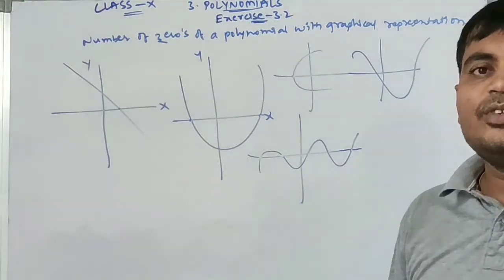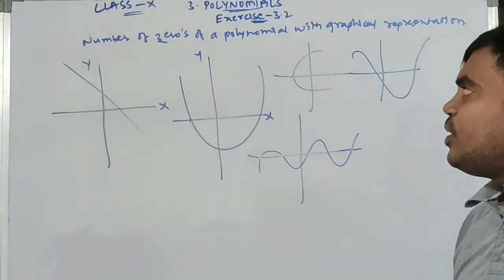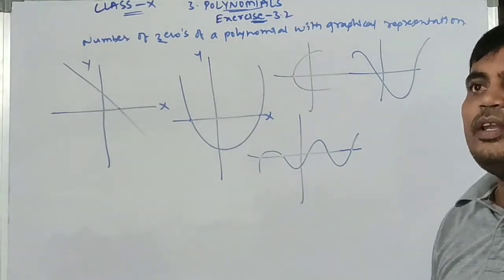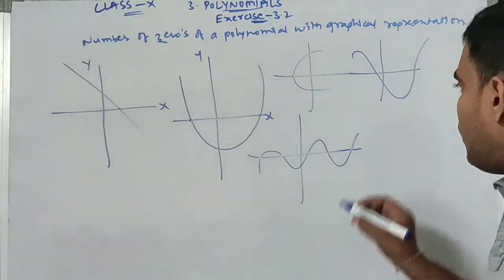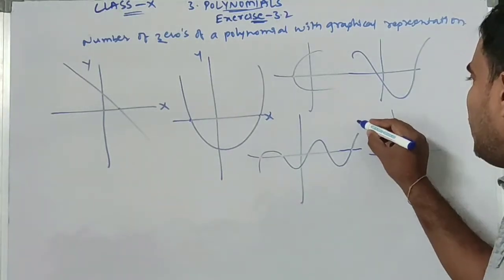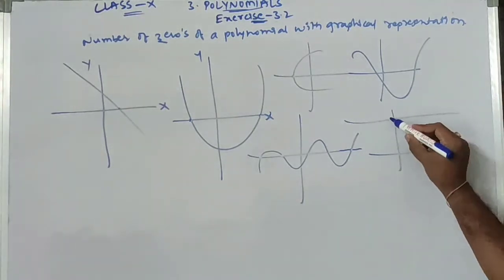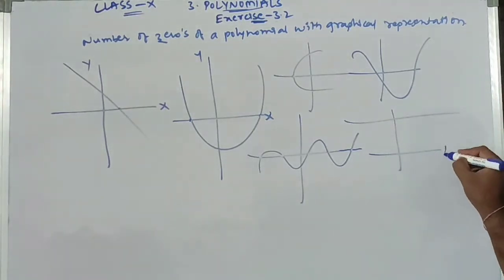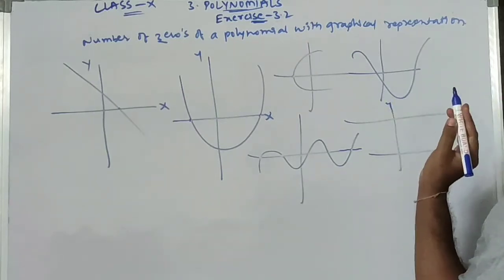So the number of zeros is equal to 2. This is the concept related to the number of zeros of a polynomial with respect to the graphical representation. And one more thing, I am taking a curve like this. It is not at all intersecting the x axis, so there won't be any zero for this curve.